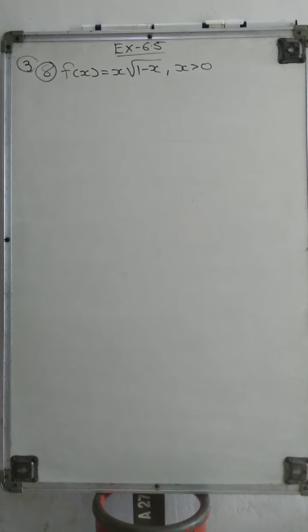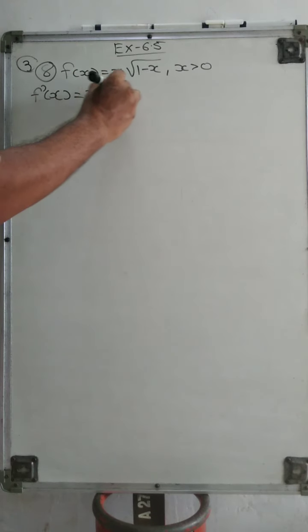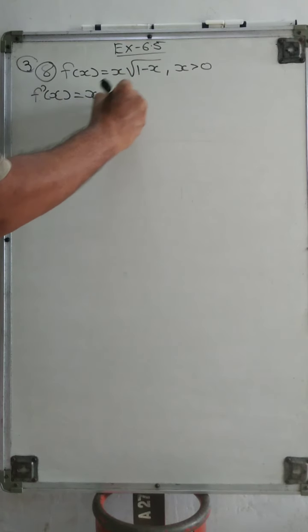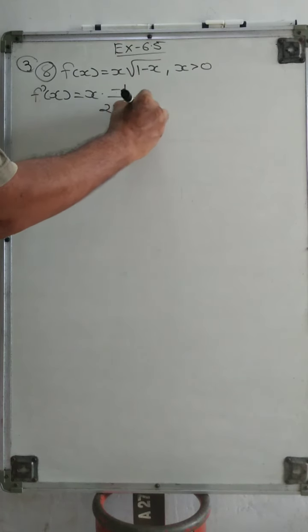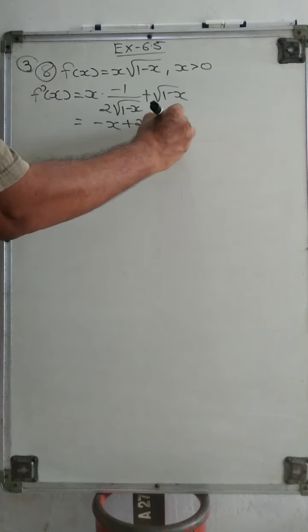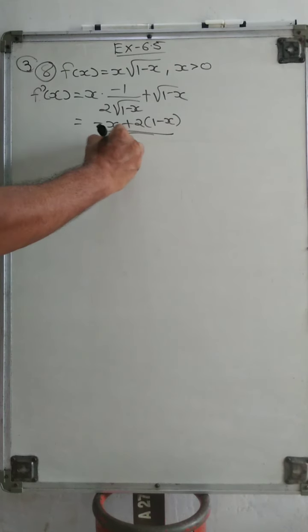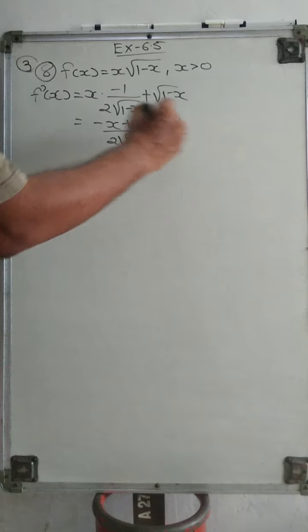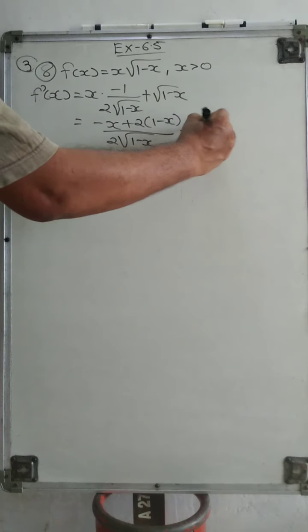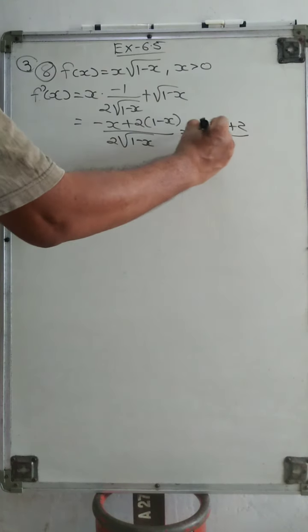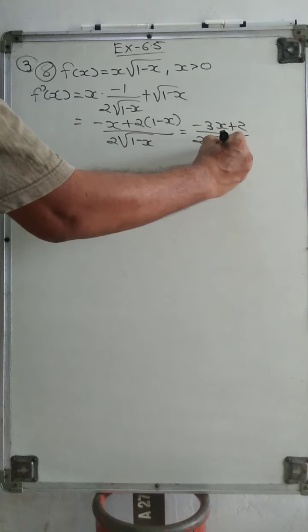Okay, next, 8. f(x) equal to x root 1 minus x, where x is greater than 0. So here f dash x is equal to minus 1 upon 2 root 1 minus x plus root 1 minus x. It is minus x plus 2(1 minus x) upon 2 root 1 minus x. It is minus 3x plus 2 upon 2 root 1 minus x.